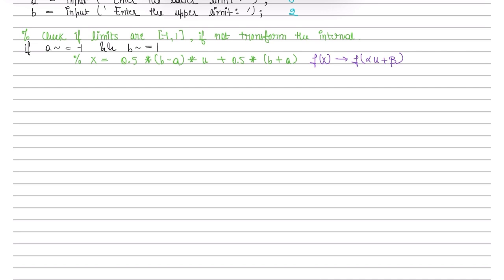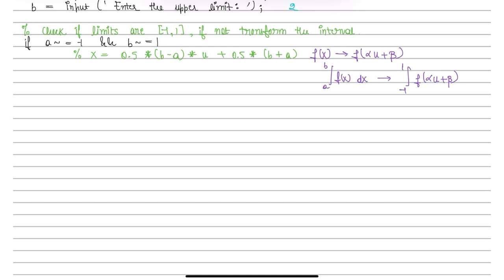Since in this question we are trying to find the integration of f of x from a to b, there is variable x, so it will be integrated with respect to x, while we have transformed it into the form of minus 1 to 1 f of alpha times u plus beta. This term will be integrated with respect to the variable du.